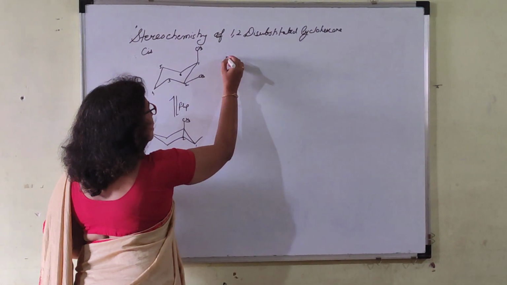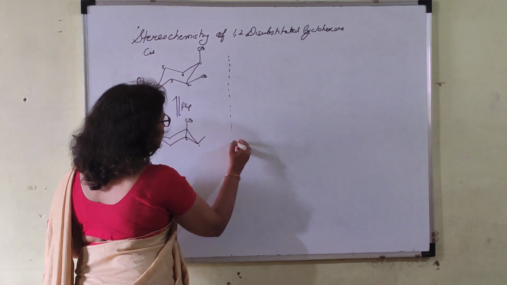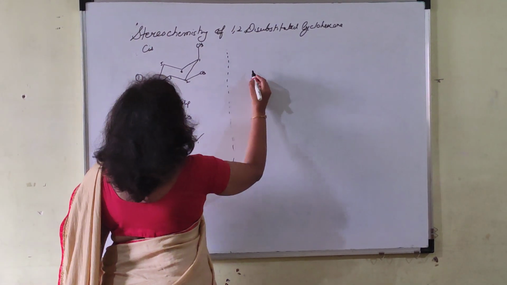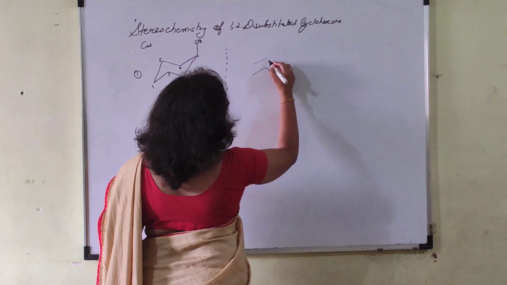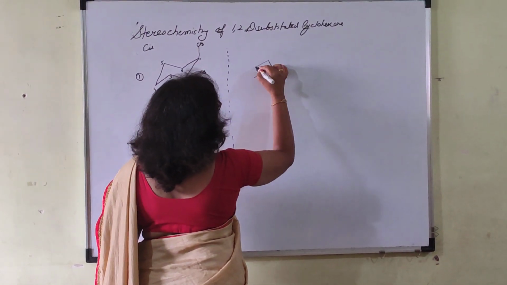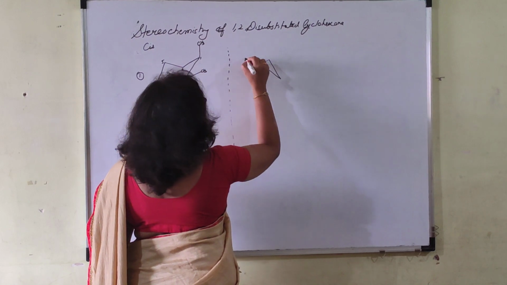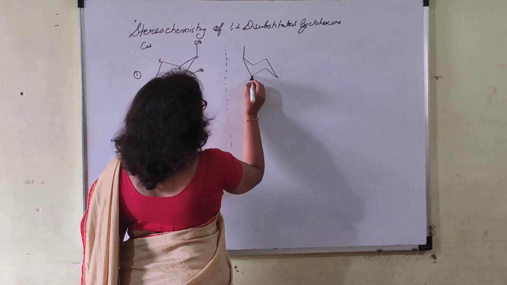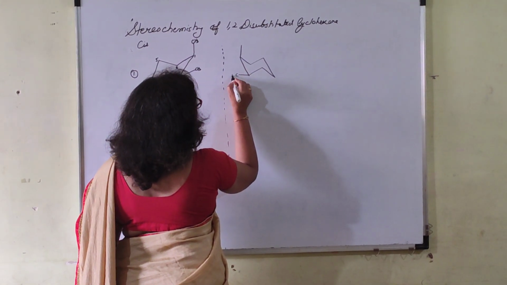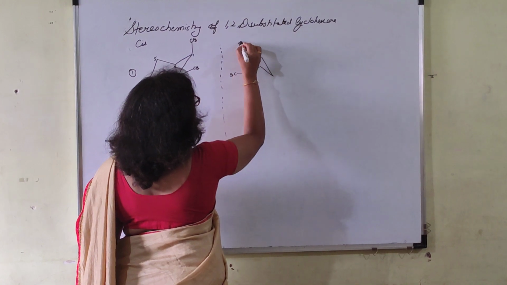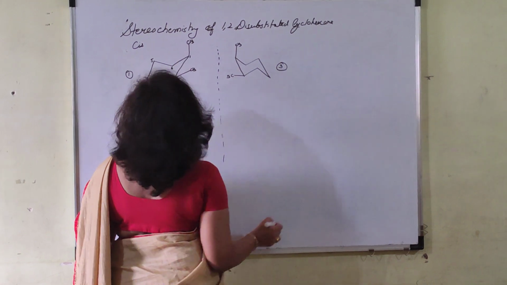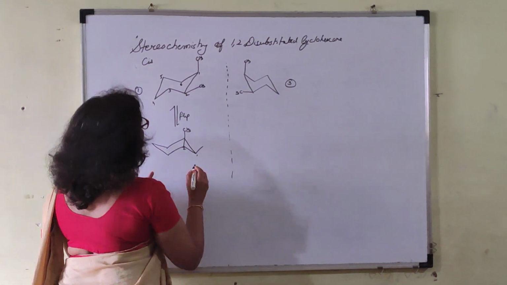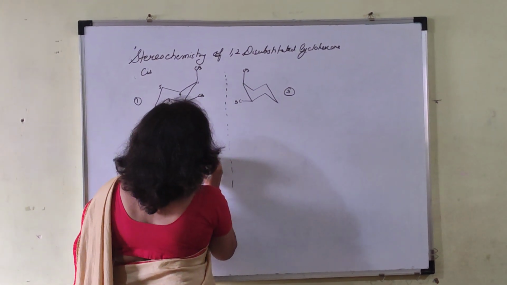Let us take the mirror image of compound number 1. This becomes the mirror image of compound number 1. You get compound number 3, and the mirror image of compound number 2.